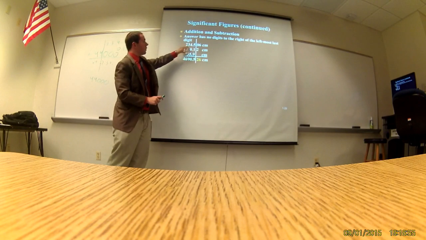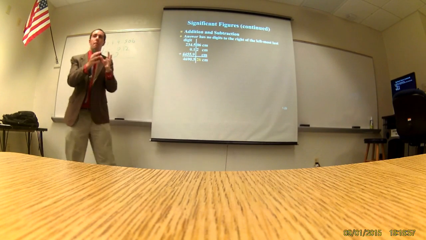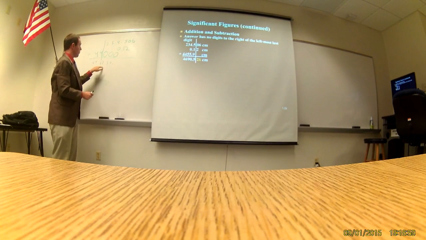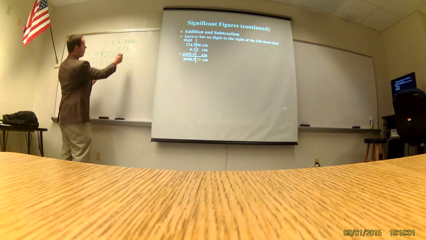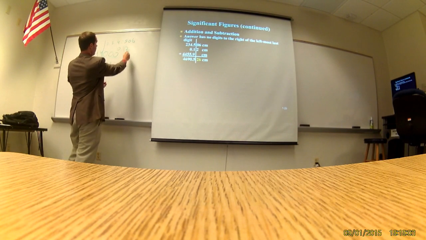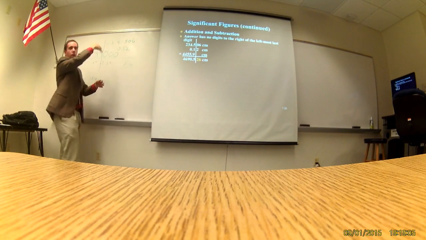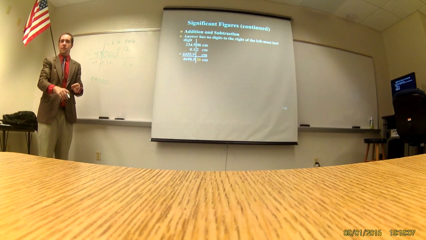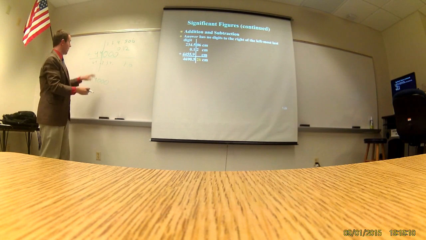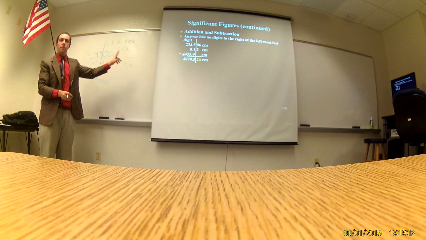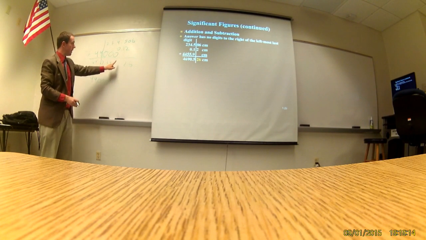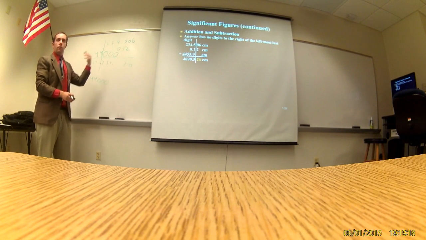You can write it out longhand, but then do the math in your calculator and then just write it here. You don't have to do the whole 6 plus 0, 0 is 6, 2, and then carry the ones and all that jazz. You can do the math in your calculator and write your answer at the bottom. Make sure you put the decimal point in the right place, and then you can round based on your line.